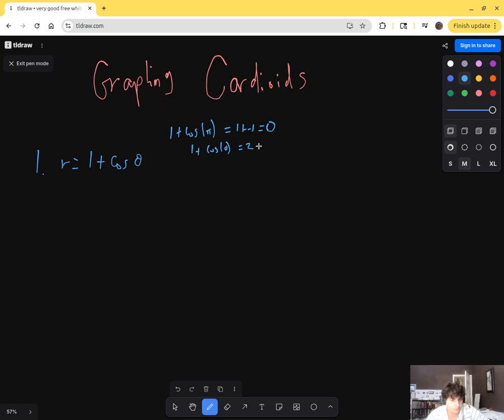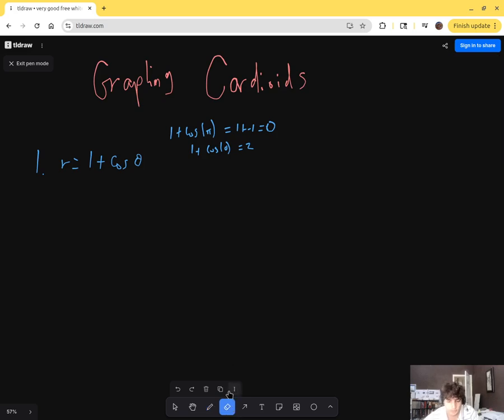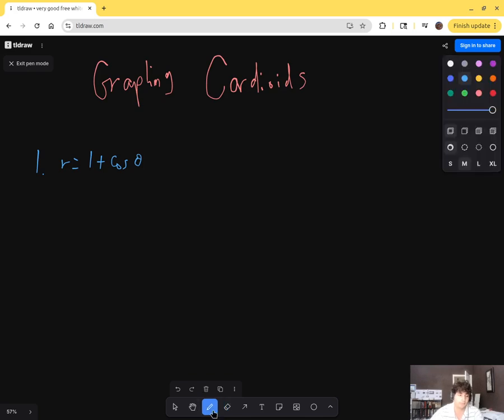So that means it opens to the right 2 units. But anyways, you can just figure out that it's positive cosine, so that means it opens to the right.